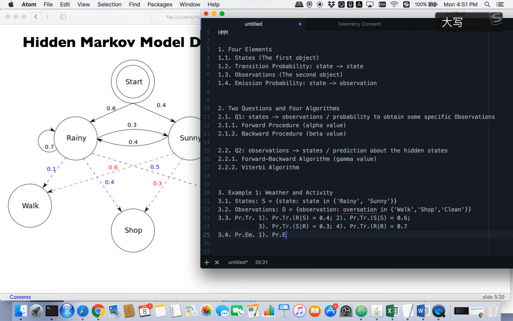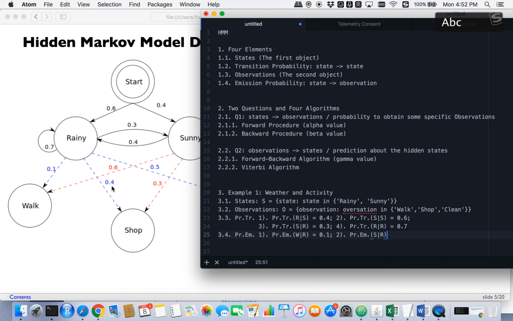So, for example, given that the day is raining, what's the chance of being walking? The chance is 0.1. And also, given that the first day is raining, what's the chance of being shopping?